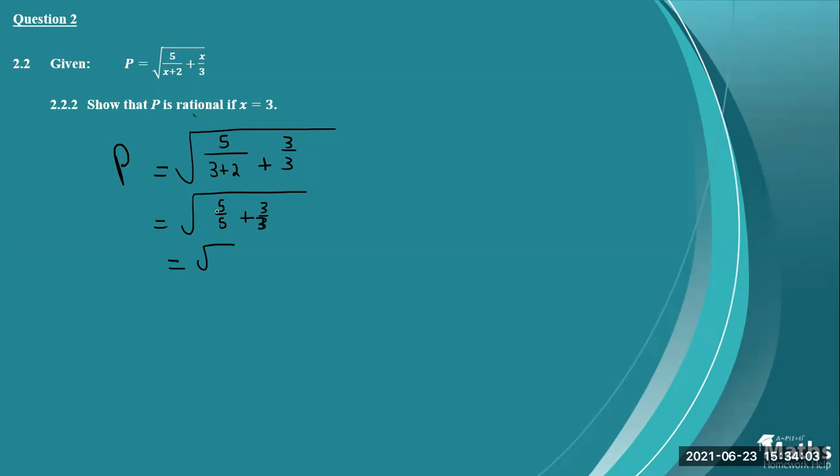So this will be the square root of 1 plus 1, which is 2. And this is not rational. This is irrational. Okay, I suppose the question should have said, show that p is irrational. Sorry about that. If x is equal to 3.